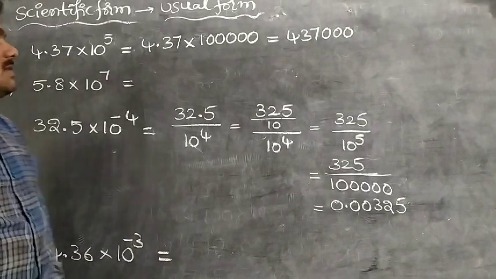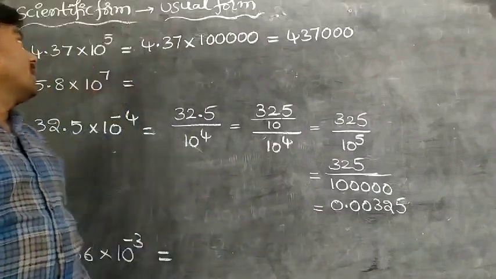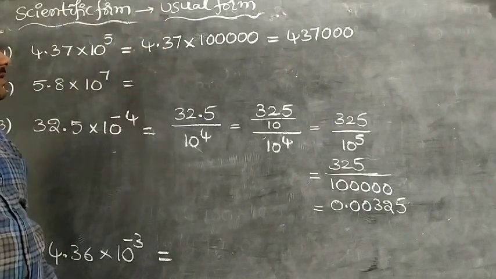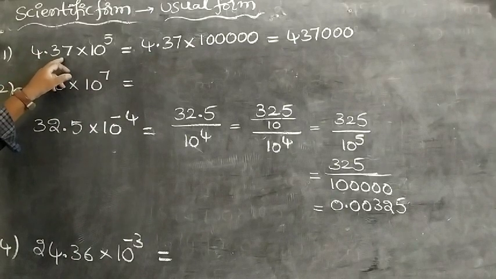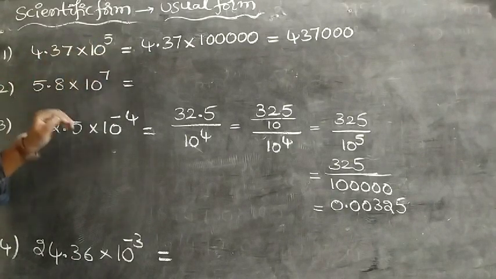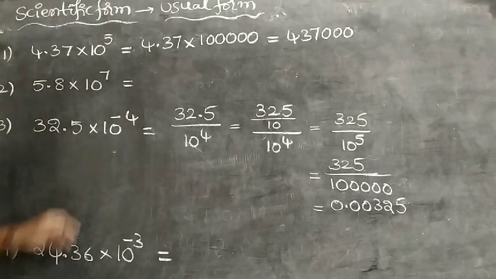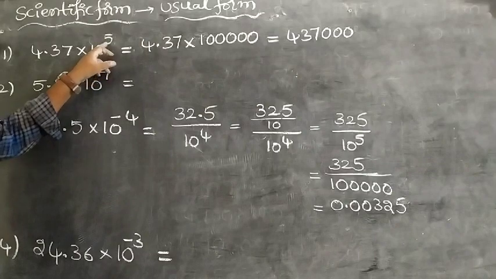Observe students, this is the last topic of the exponents and powers chapter. Here, how to convert scientific form to usual form. So let us observe the problems. 4.37 into 10 power 5. This is scientific form. How can I express it in usual form? Observe. 4.37 as it is, into 1 followed by 5 zeros.